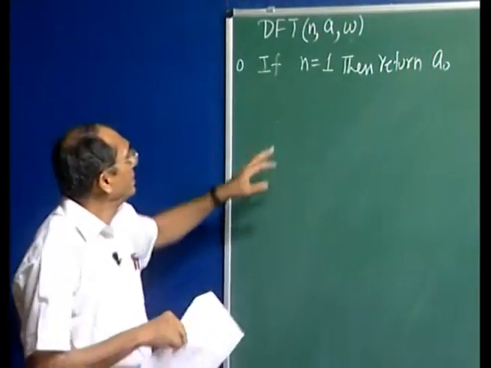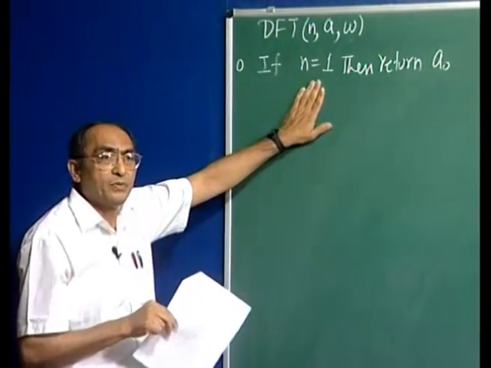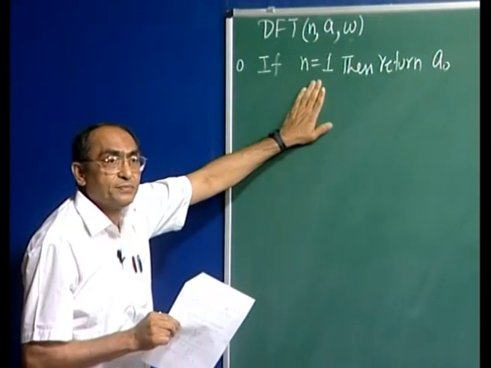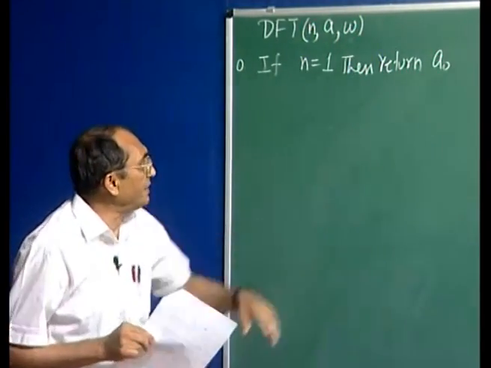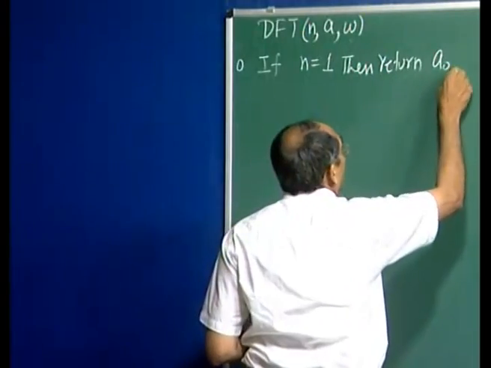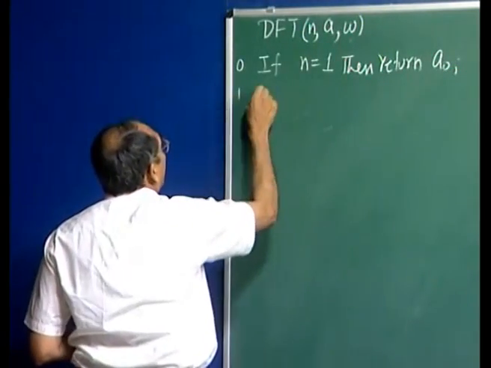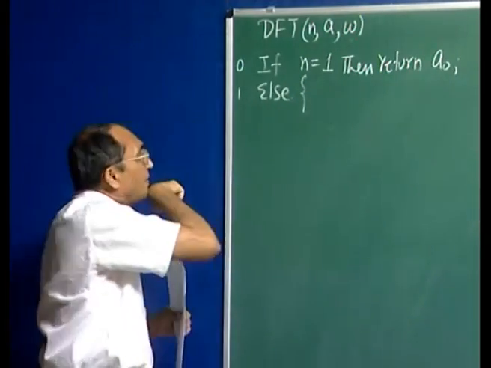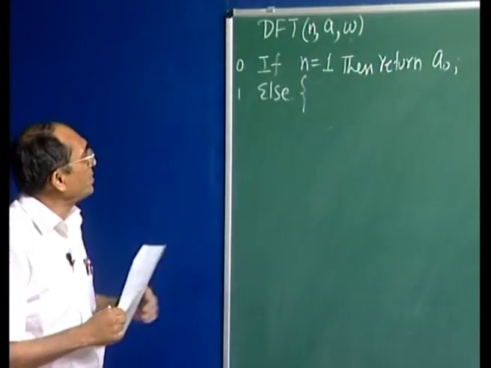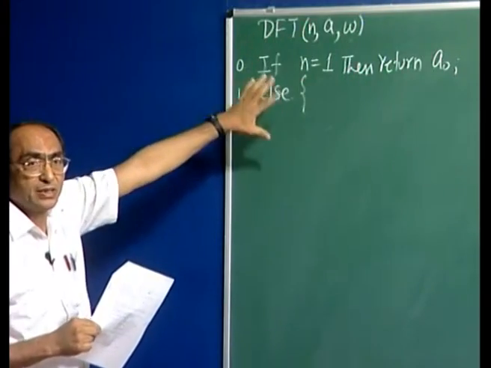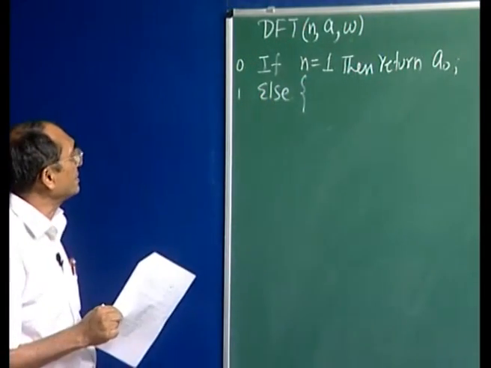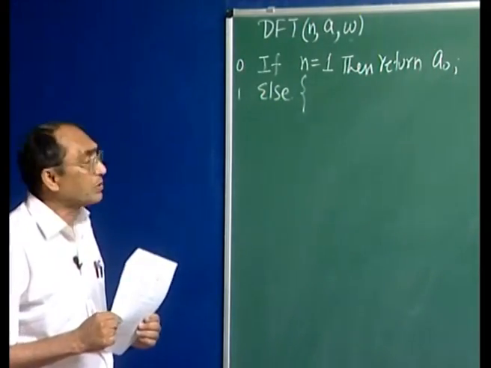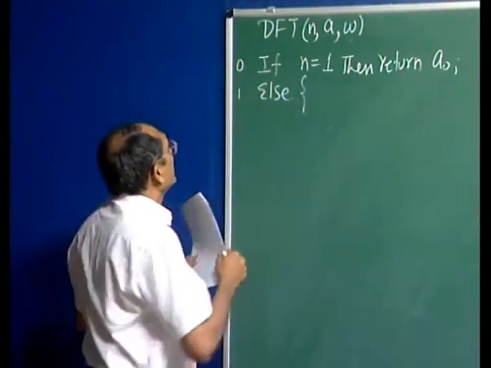Notice that the Fourier transform of a single component vector is itself. You can verify that. Else, now we will have to prepare to split this vector, generate those two smaller vectors, compute the Fourier transforms, and then combine them to compute the Fourier transform of the big vector.